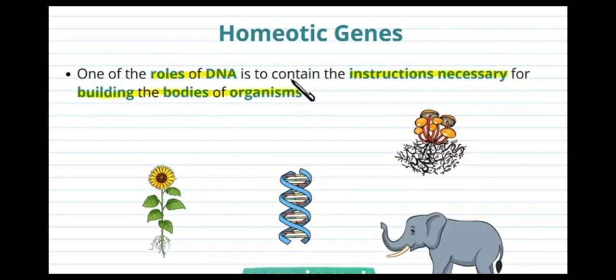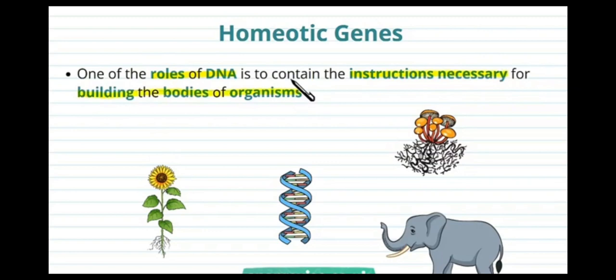Similarly, the head region is provided with appendages like antennae, eye, mouth parts, and ocelli. The thoracic region has wings and legs arising from the dorsal as well as ventral surfaces. So we know that all these animals have a certain body plan.